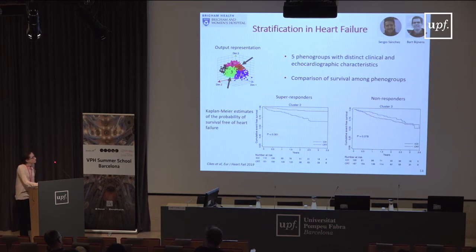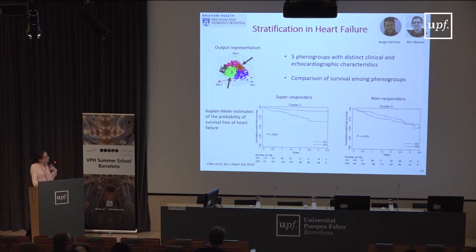One of the phenogroups responds very well to the therapy, and we call them super responders. Here you can see the curves of the probability of survival free of heart failure, and you can see how the red, which corresponds to the cardiac resynchronization therapy, has a higher probability of survival than the ones that receive the other therapy.